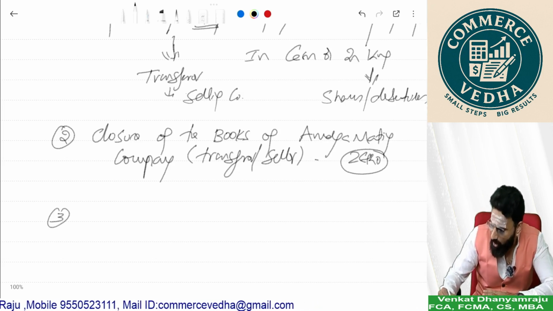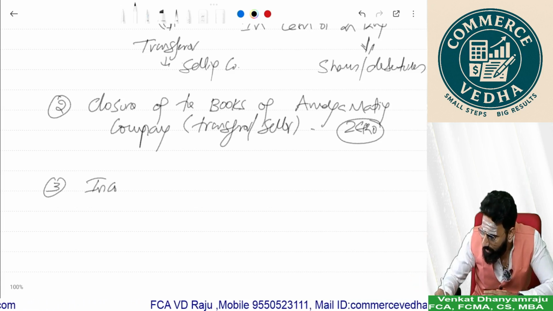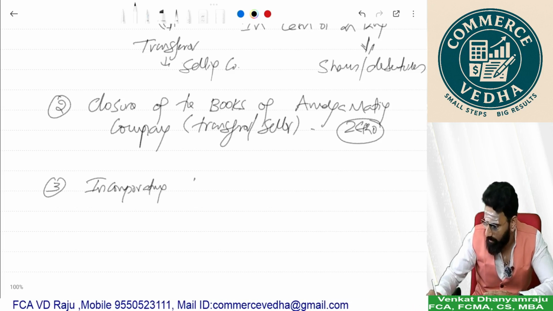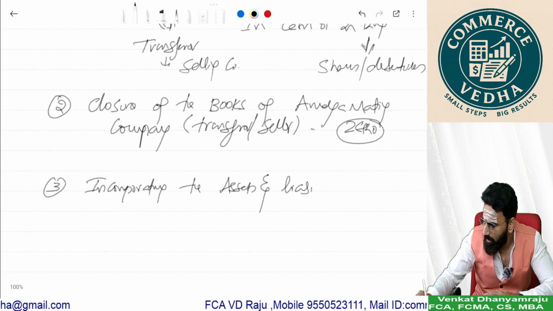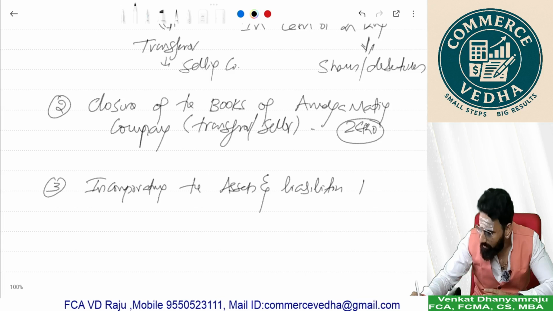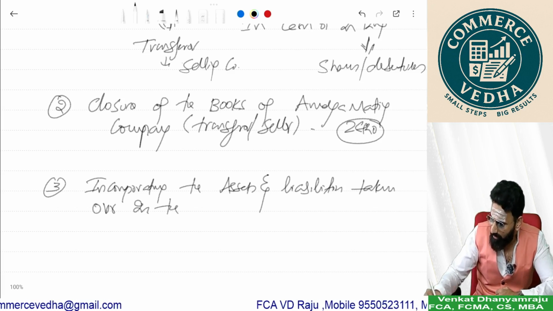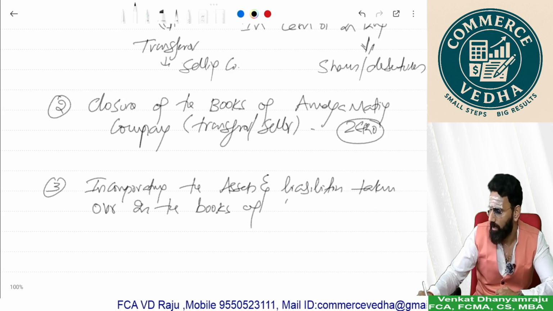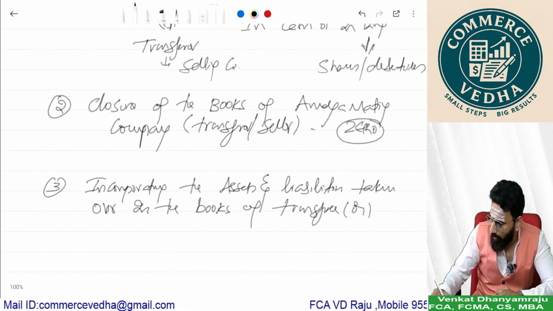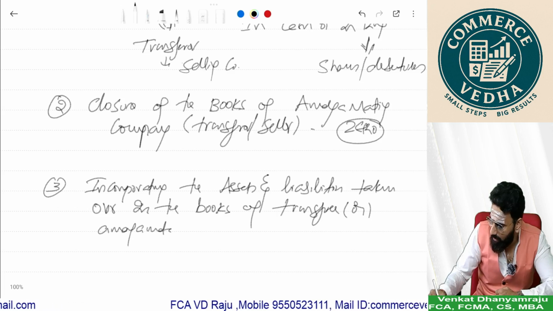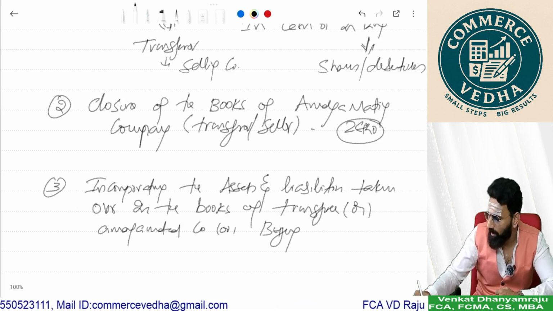And the third step, once you close the books of the amalgamating company, is incorporating the assets and liabilities taken over in the books of the transferee, or we can say the amalgamated company, or we can simply say the buying company.